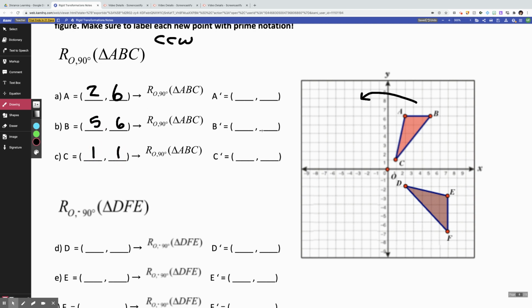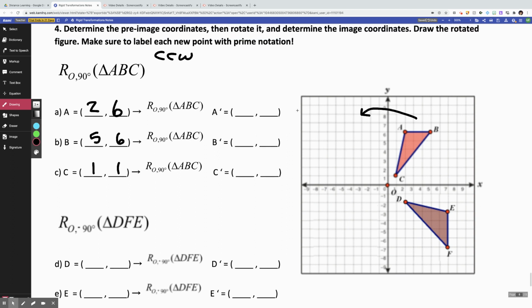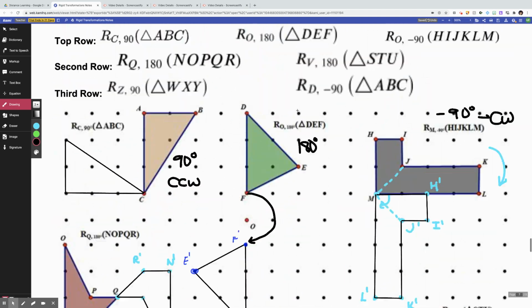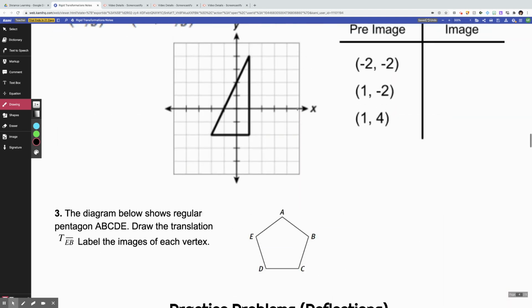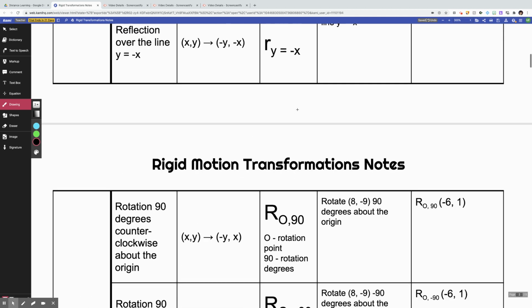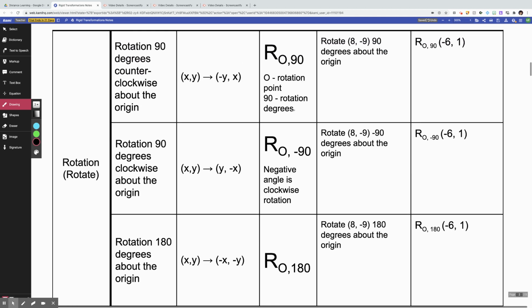Okay, now this is one of those nice ones because I have coordinate points, and I also have a rule that I can follow. Okay, so if we remember, if we go all the way back up to the top of this document, I gave you all of those functions for rotations. So remember, this was a rotation 90 degrees counterclockwise around the origin.